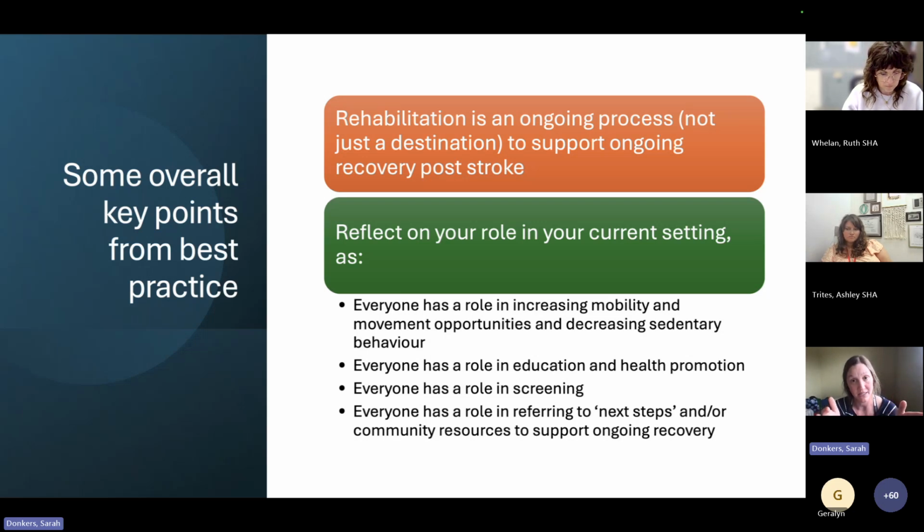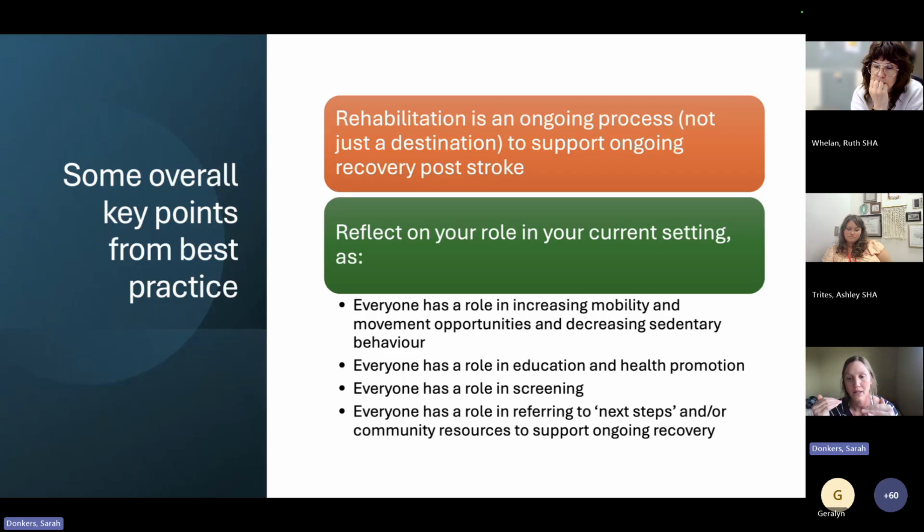Because even if it's not in our skill set to address those, it is within our role and responsibility, and in the best interest of the people we work with and their recovery, to try to get them to the supports to address that. So being aware, this is sort of the last point on the screen, of the resources upstream and downstream that you can refer them to.